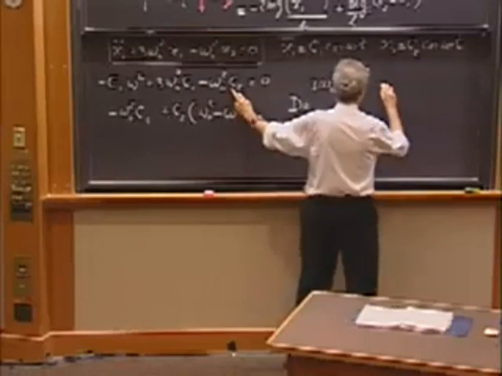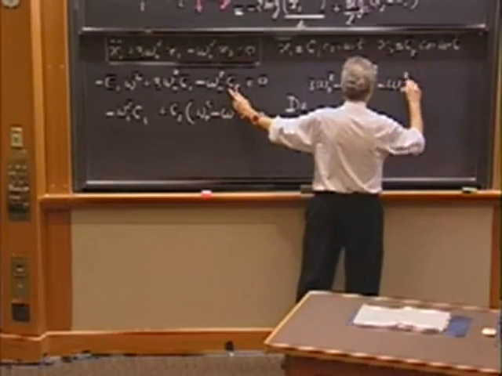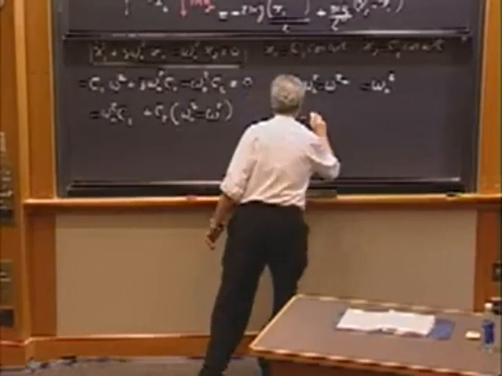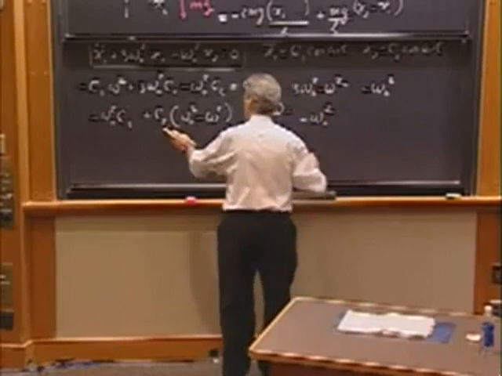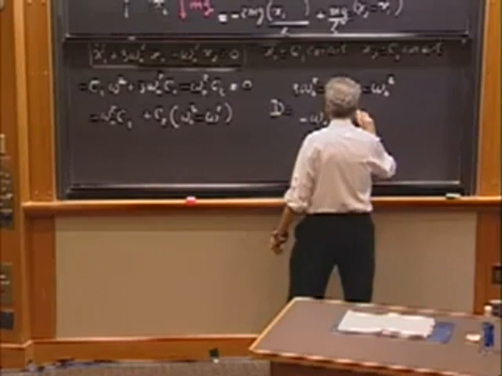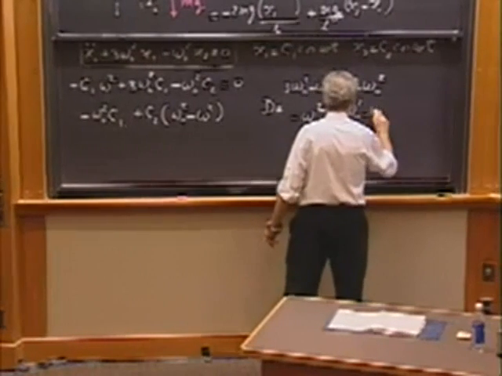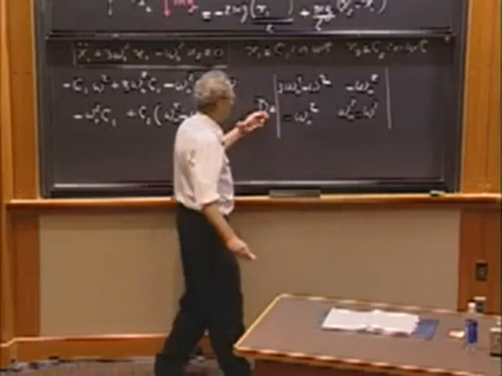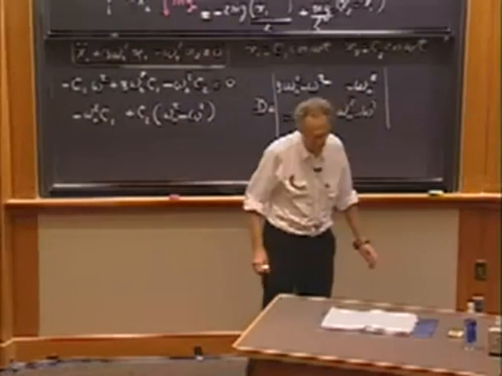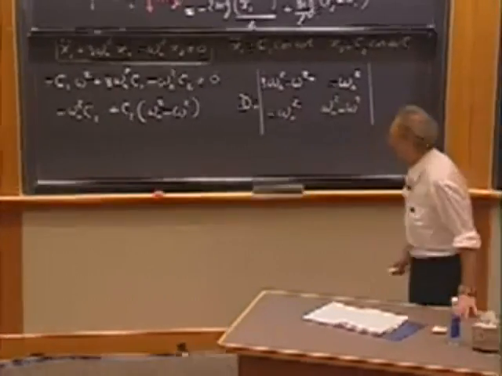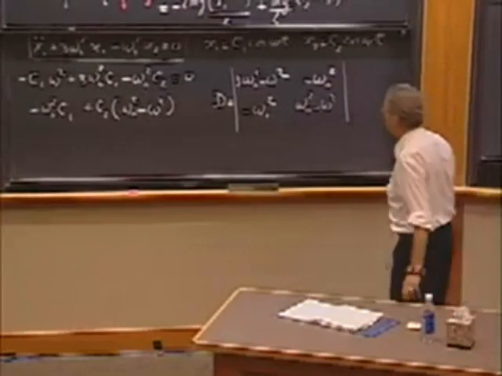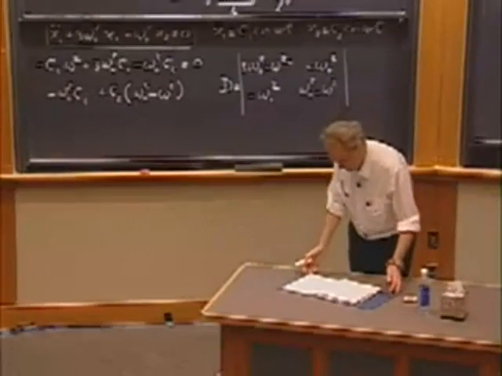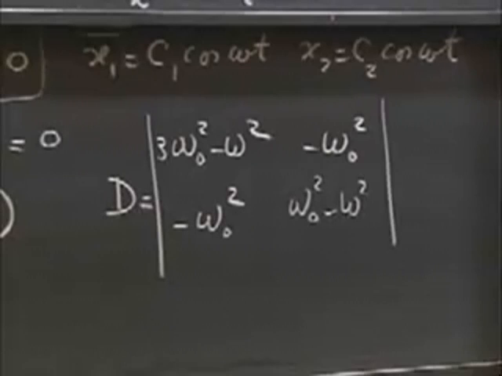Then I get here minus omega 0 squared. That's the C2. And then I get here minus omega 0 squared, and here I get omega 0 squared minus omega squared. And the determinant of this, that's D. And I presume you all know how to get the determinant of this very simple matrix. We'll do that together, of course.